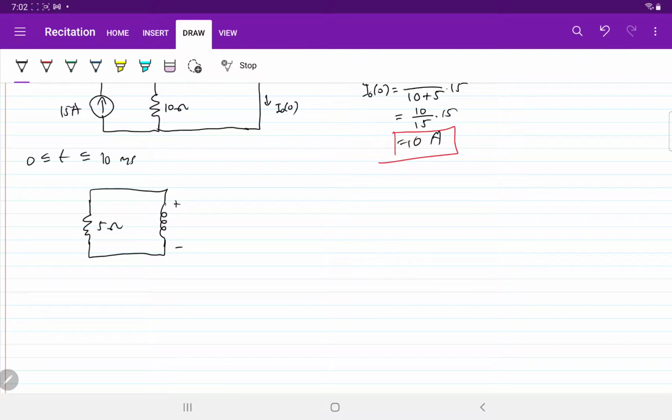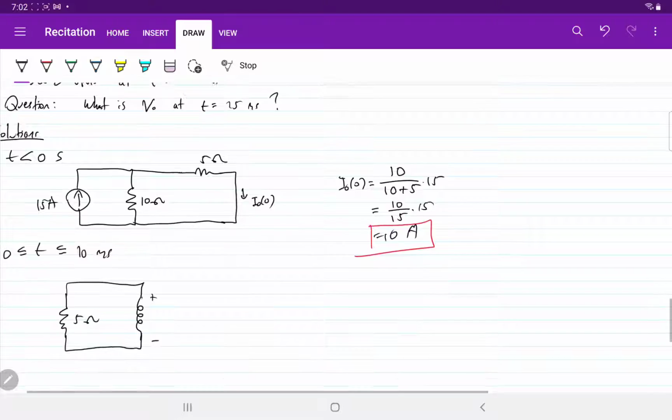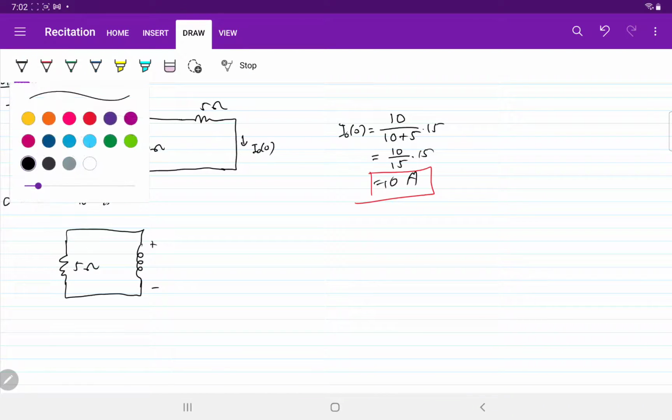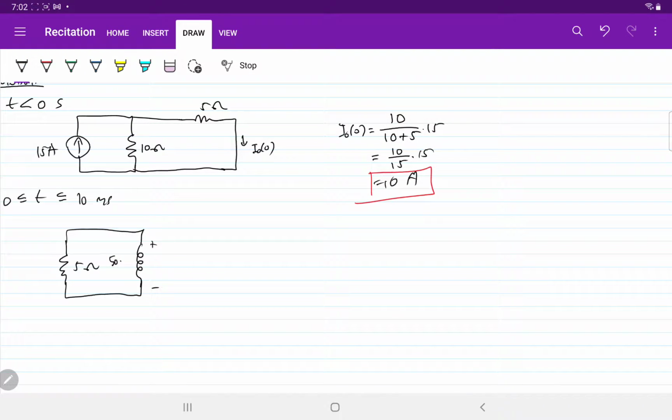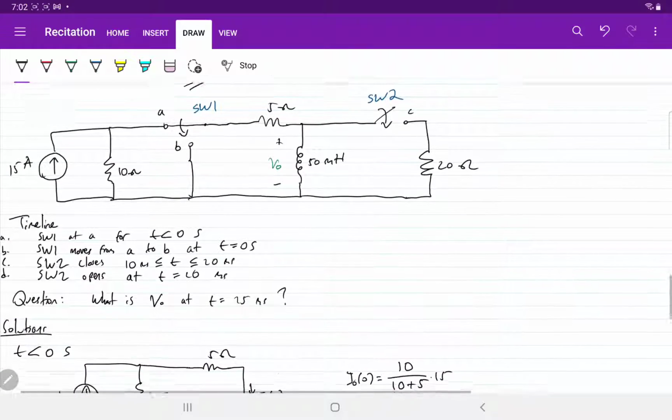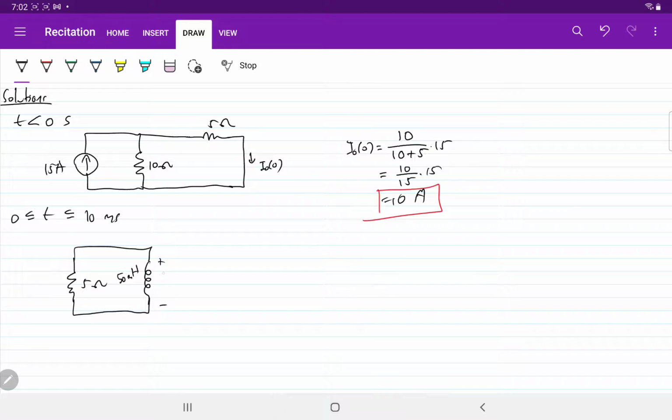Again, plus minus, this is 50 millihenry, plus minus, we have V0.